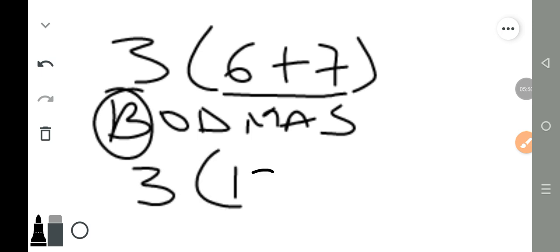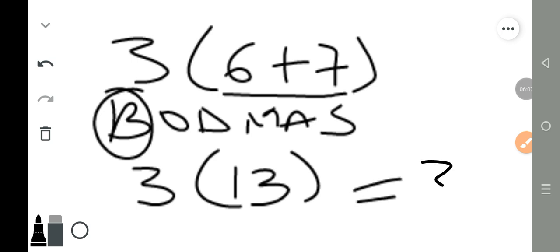Yes, 6 plus 7 is 13. And 13 times 3, because your bracket also means multiplication. Your bracket, or parenthesis, also means multiplication. So 13 times 3, our answer is 39. And that's how you get that.